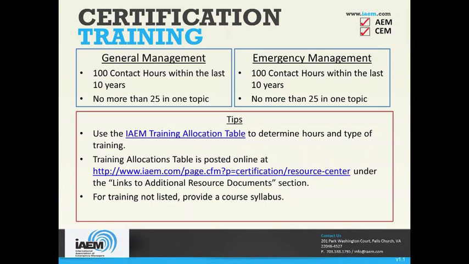And if you took an ICS 300 course, that one would also be incident management. If you did one on volunteers, then your topic or subject would be volunteers. But you cannot have more than 25 hours in any single topic in either general management or emergency management.